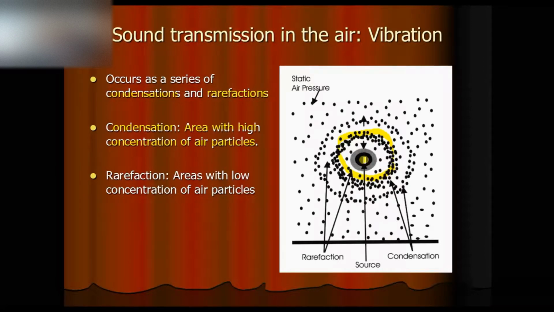From top. This is my head. Watch my head from top. Correspondingly, there is rarefaction. Rarefaction is an area with low concentration of air particles. So like this. Like here. So condensation and the rarefaction, they are interleaved. This is sound source. What does this mean?